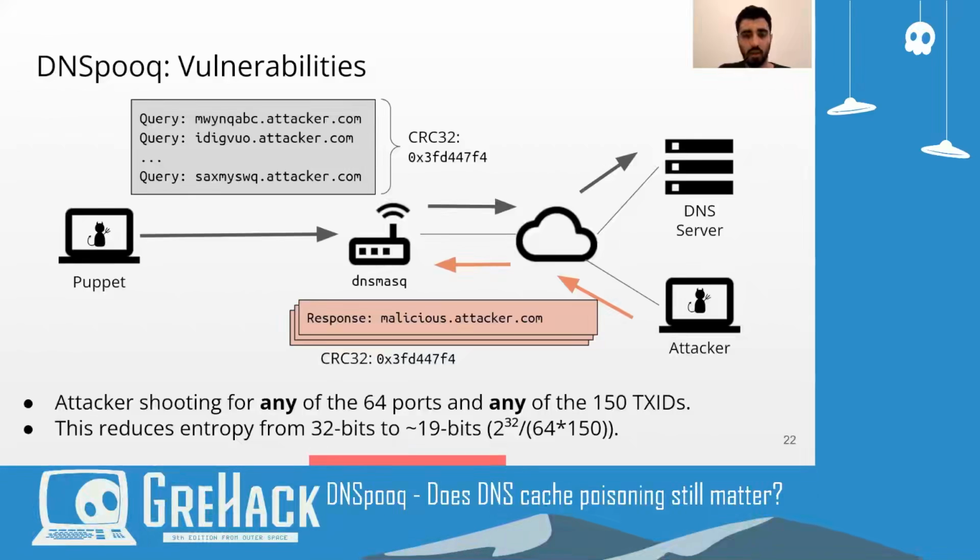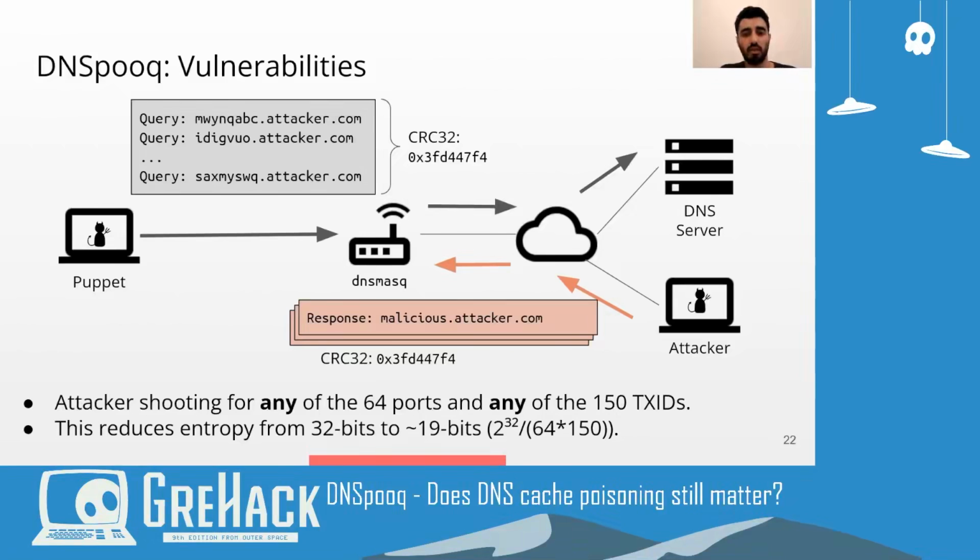In the meantime, the attacker generates malicious responses, where the question section has the same CRC32 value as the queries, and tries to guess the destination port and transaction ID, one of the 64 ports open in DNSmask and one of the 150 open FRECs in DNSmask.